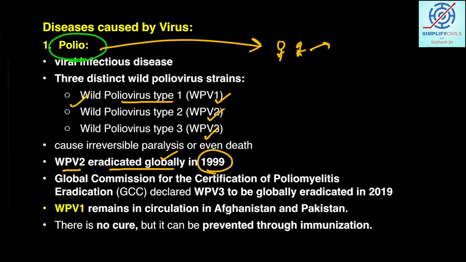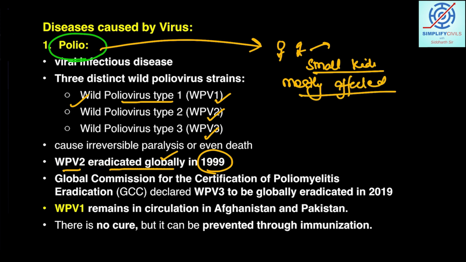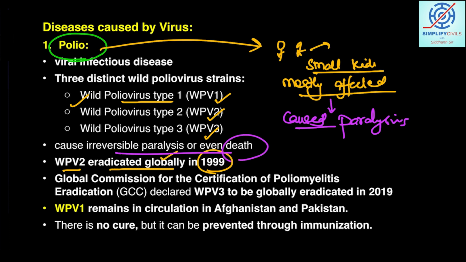Such campaigns occur, and small kids below the age of 3 to 5 years are mostly affected by this virus, and it causes paralysis. This is because the nervous system is hampered, and this results in the paralysis condition. Sometimes it may even cause death.